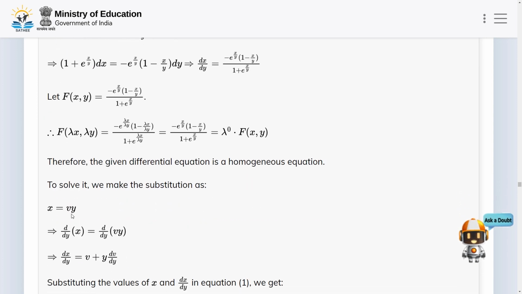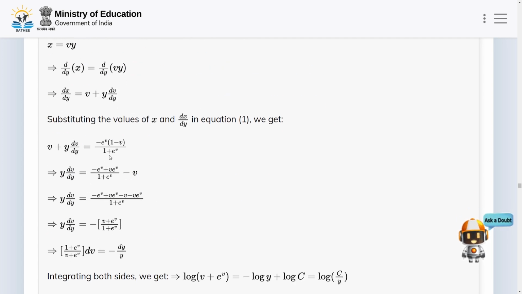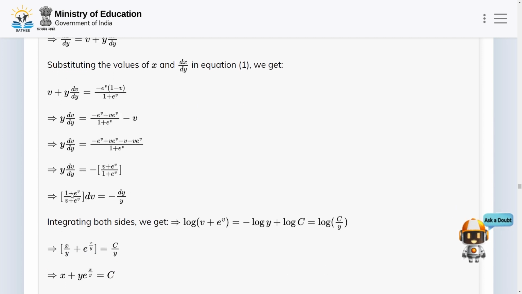So make substitution x is equal to vy. This means dx by dy is equal to v plus y dv by dy. After substitution, you will have your differential equation in terms of v and y. After rearranging some terms and variable separation, you will have this equation.